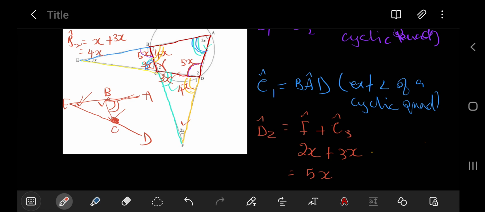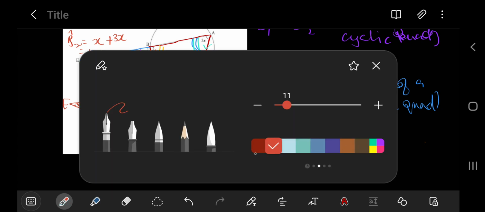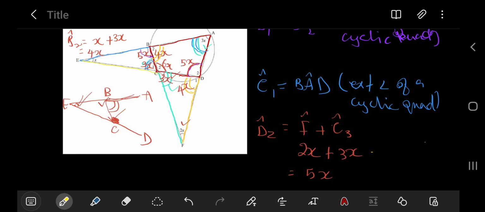So that would be 6x, right? So in this case, we can also calculate the value of x using the triangles or using the cyclic quad. Remember, opposite angles of a cyclic quad are supplementary. Okay, so it means that 3x and that 6x must give you 180. So that is 3x plus 6x must give you 180.